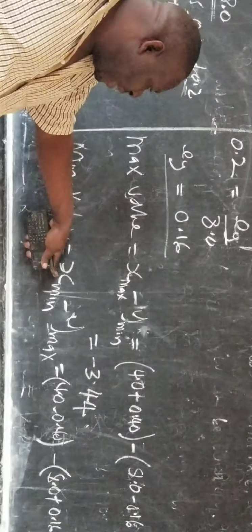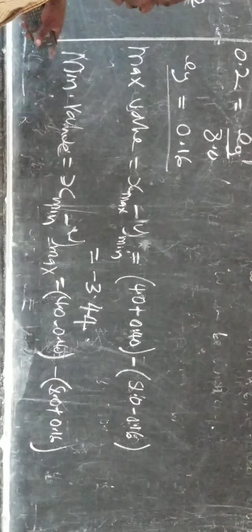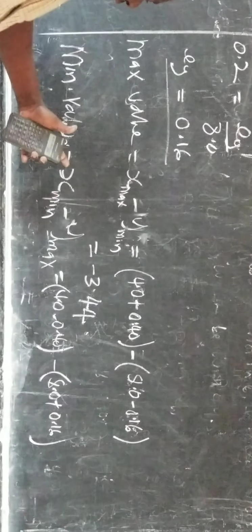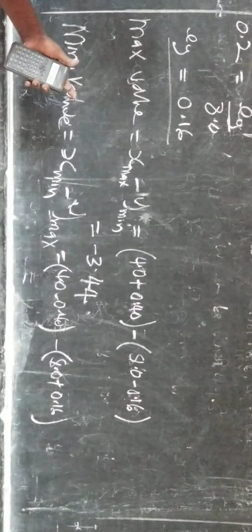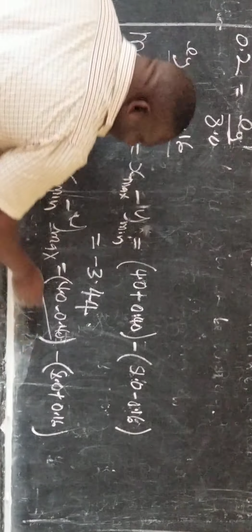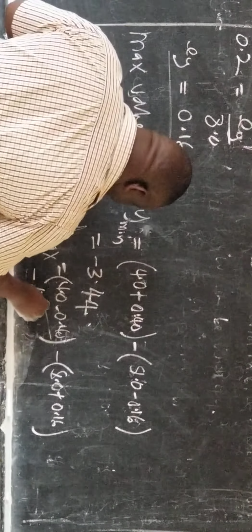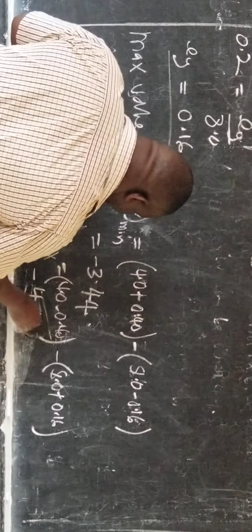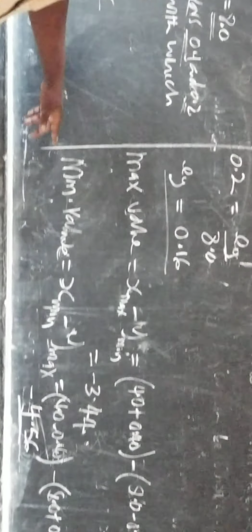That is how we minimize: make it very small, and what you are removing, make it very big. If we use our calculators, this is the minimum value of x and the maximum value of y, and we have negative 4.56.